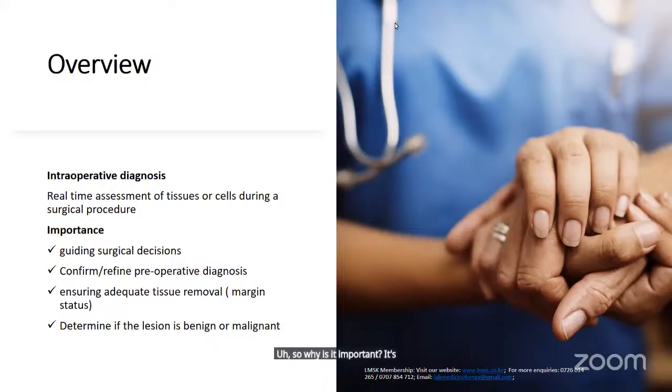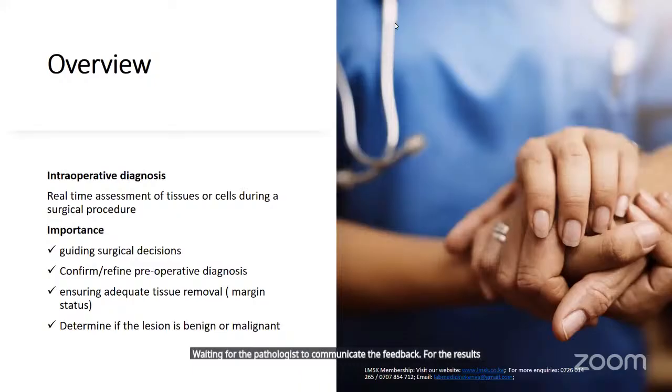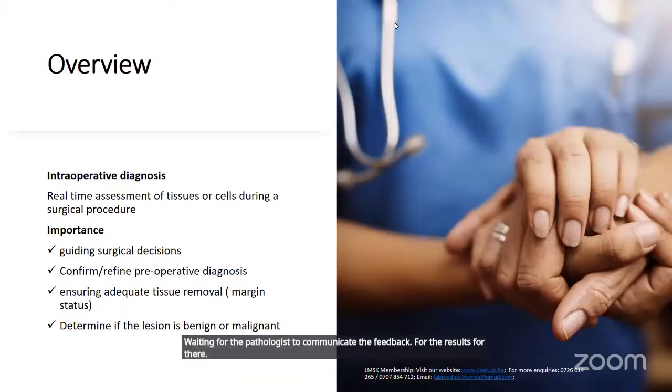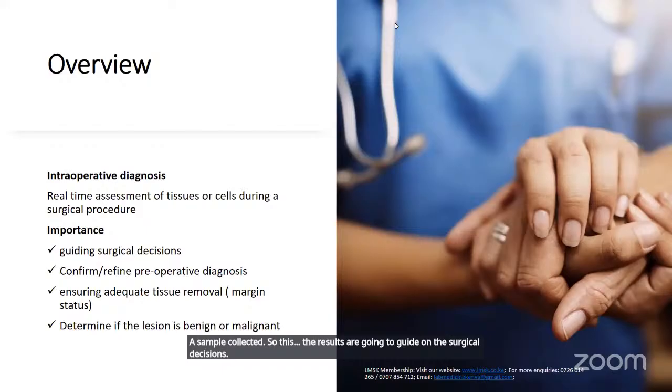It's important because it guides surgical decisions, because the surgeons are there waiting for the pathologist to communicate the results for the sample collected. They are also going to confirm or refine the preoperative diagnosis.